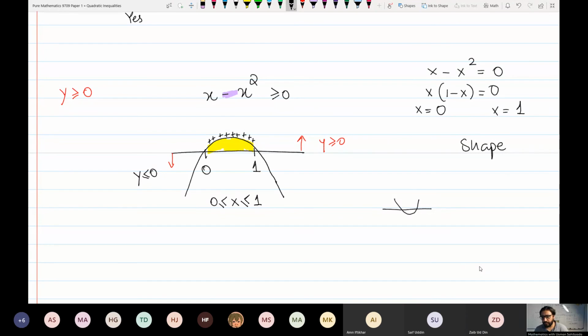For example, if x squared was positive like that and greater than or equal to 0, with the outside region as the answer. It's just reversed when the x squared sign is reversed. I just wanted to confirm that. Thank you. Yes. All right.